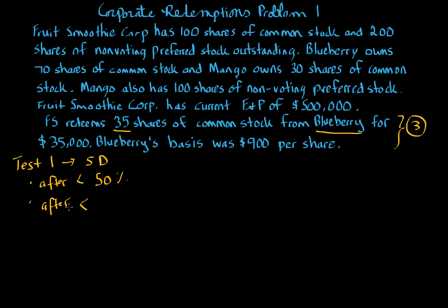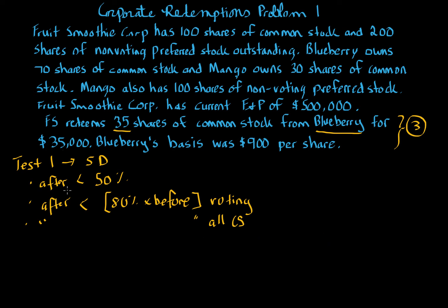Second test, after percentage is less than 80% times the before percentage when looking at voting common stock. The last test, after percentage is less than 80% of before, of all common stock. Okay, all common stock.